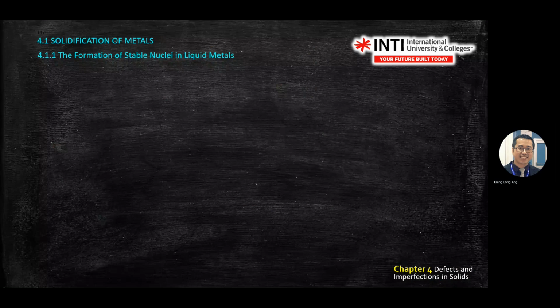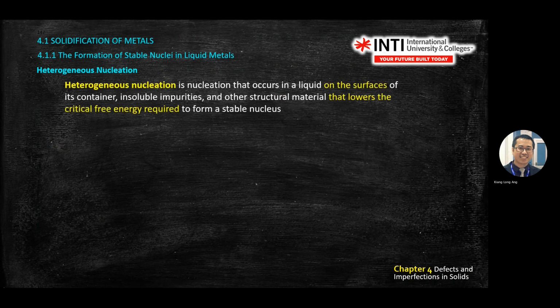Next, this is add-on information. It's a definition of heterogeneous nucleation. Sometimes it asks you to explain what that particular term is. So in this case, we are talking about heterogeneous nucleation.